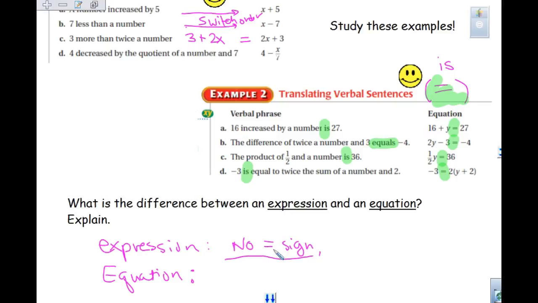So the simplest way, if I'm looking at equation, it has to have the equal sign, right? So it has an equal sign. It must have the equal sign. So I want you to give me at least one example.